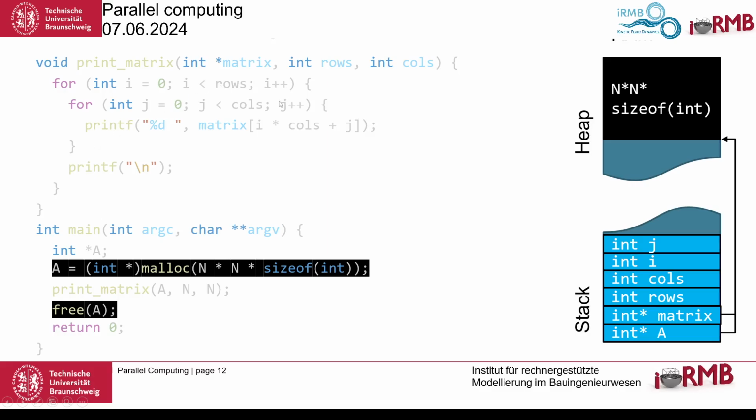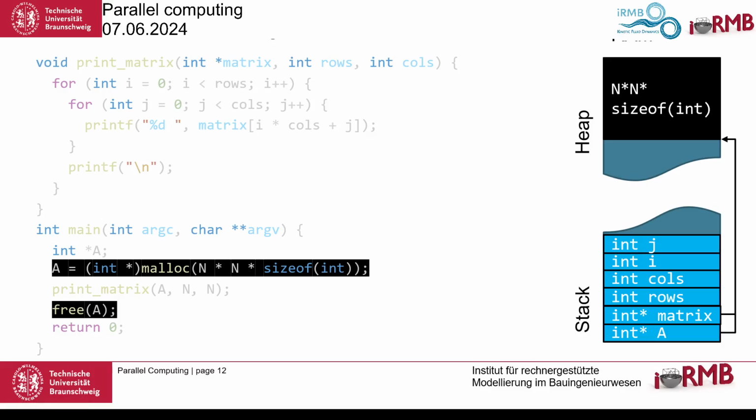So, for example, in main, you have first this int a, which is int star.